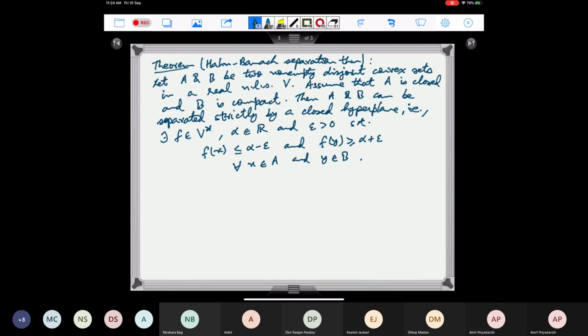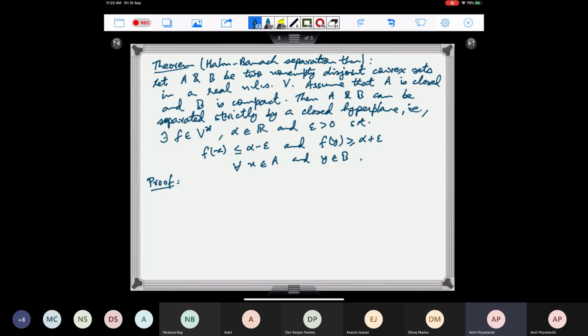So let us prove this. We would like to apply the previous theorem. The previous theorem says that if we have non-empty disjoint convex sets and one of them is open, then we can separate by a closed hyperplane.